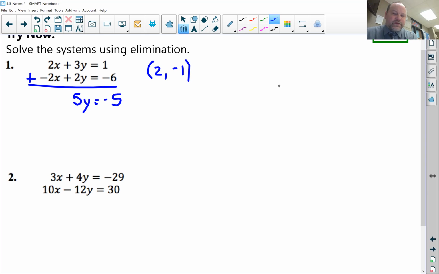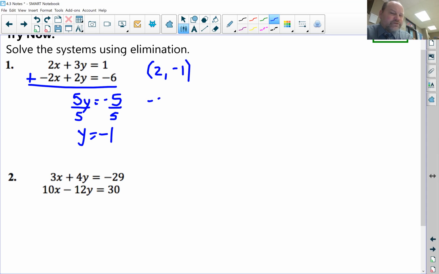Okay. Then divide both of these by 5. So y would give us -1. Take that and plug it into one of my 2 originals. I'm going to choose the second one.